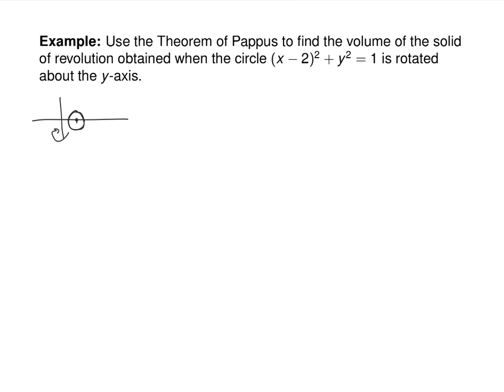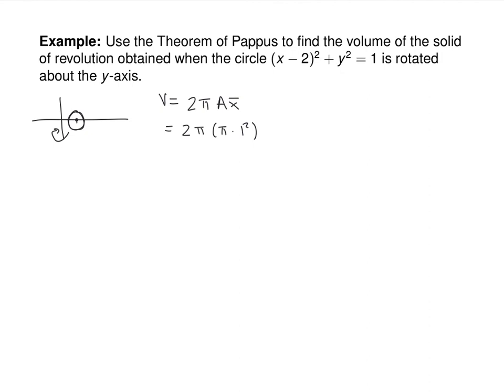When you spin this about the y-axis, you get a donut. And the volume using the theorem of Pappus is 2 pi times area times the x bar. And well, we have a circle, and the circle has radius 1, so its area is pi times 1 squared.